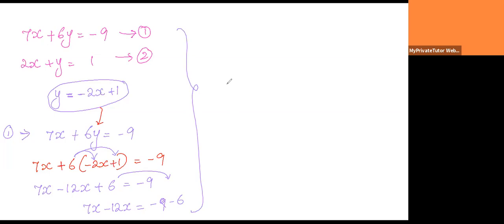So we have 7x minus 12x, which is minus 5x, equals minus 9 minus 6, which is minus 15. I hope everyone agrees with this. And then we can find the x value by dividing both sides by minus 5. So what is the x value, guys? 3.